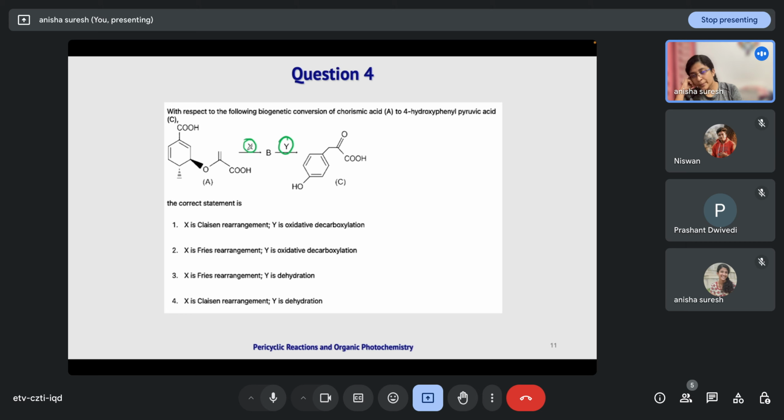This is the important part that we have to consider, this X, that you will be able to identify, I guess.